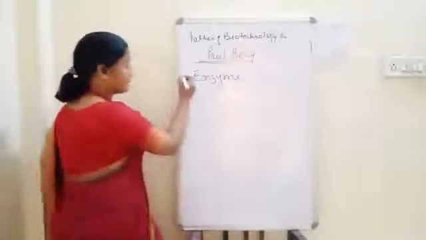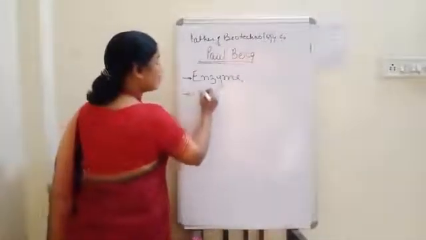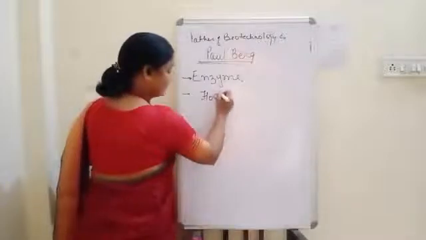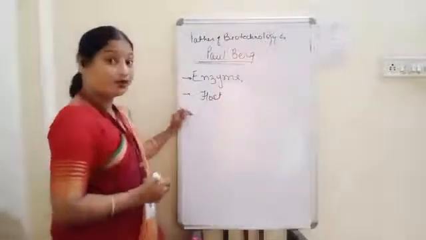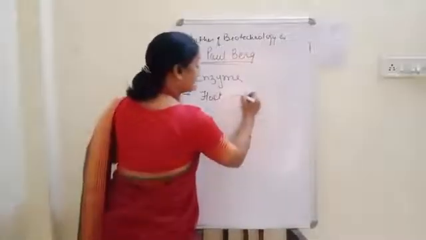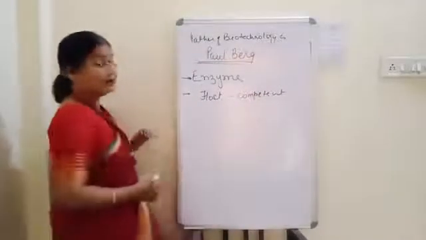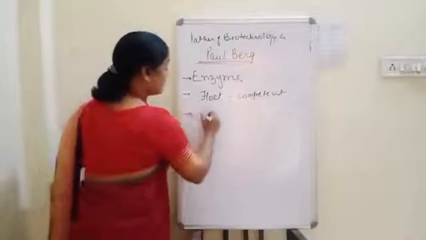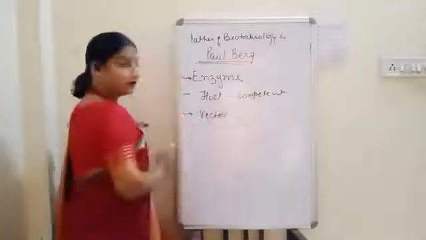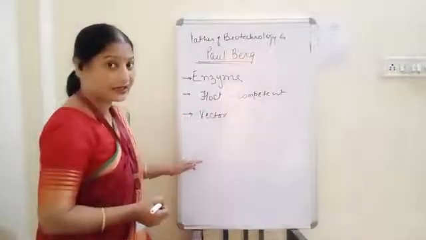After this enzyme, we need a host. Okay. Now, our host should be a competent one. Okay. Then we need a vector. Okay. I'll tell you the meaning of the vector and everything.